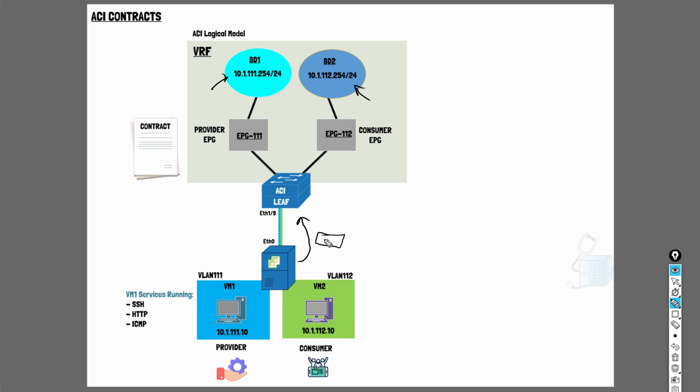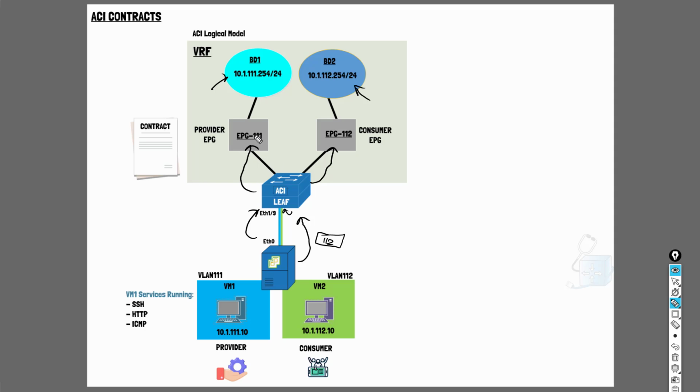For example, the VLAN 112 tag will be coming in from VLAN 112, and we will configure the ACI leaf switch to recognize that tag and put that endpoint into EPG 112. Similar will be the case for VM1. It will come with a VLAN 111 tag, and the ACI switch will see that encapsulation and put it in EPG 111.